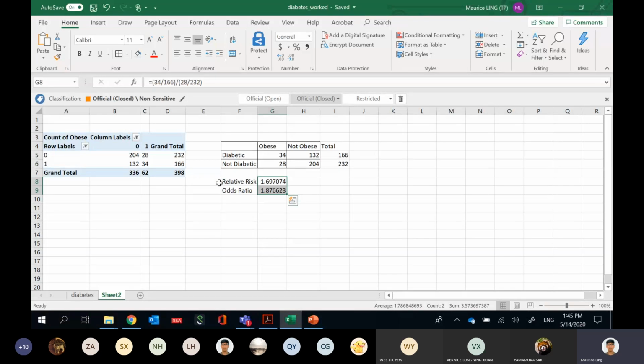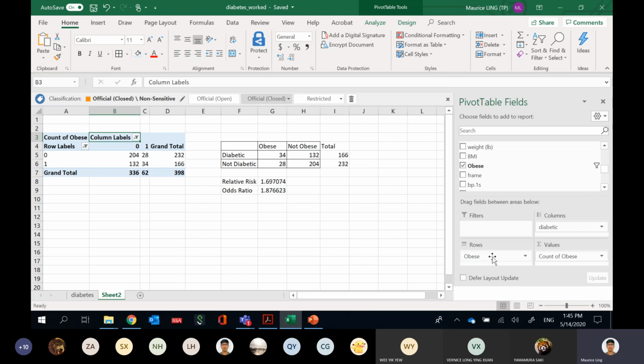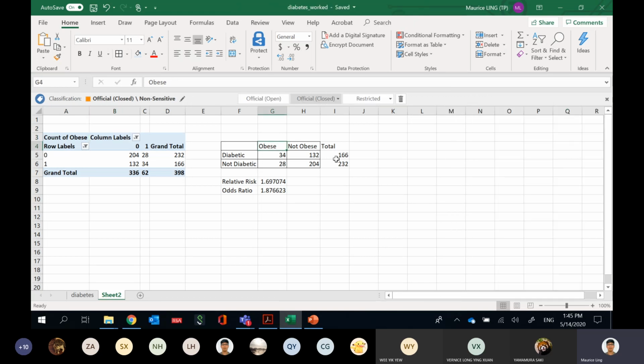Actually, I kind of just messed it up again. Obese should be the rows, so this is actually the other way around. This is diabetic, not diabetic. This is obese, not obese.